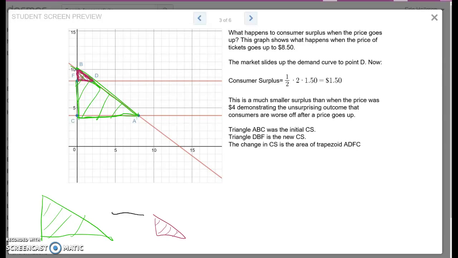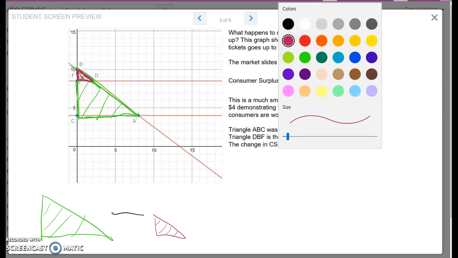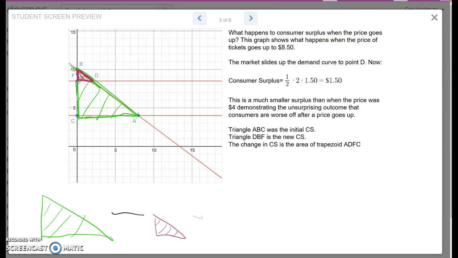And when you do that, the shape you get is this trapezoid, right in here. So the change in consumer surplus is the area of that trapezoid.